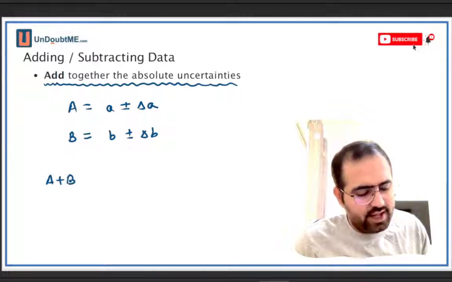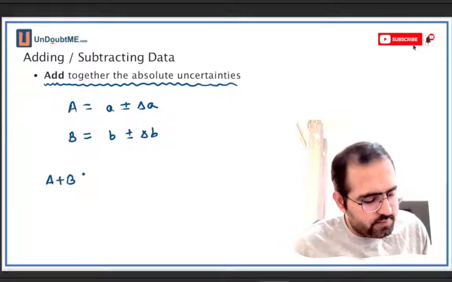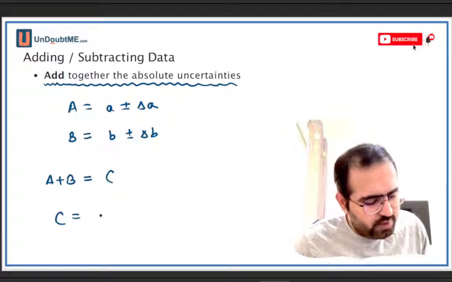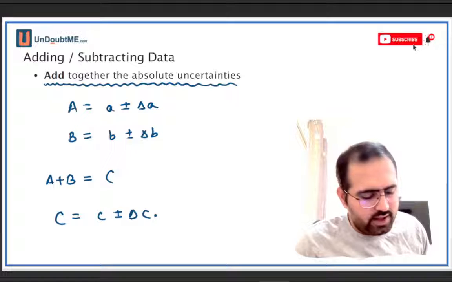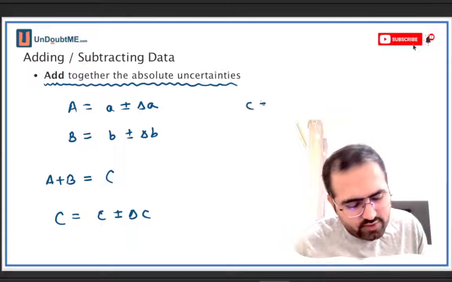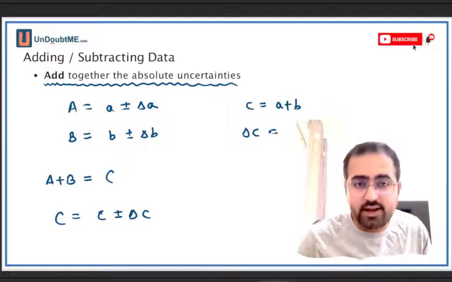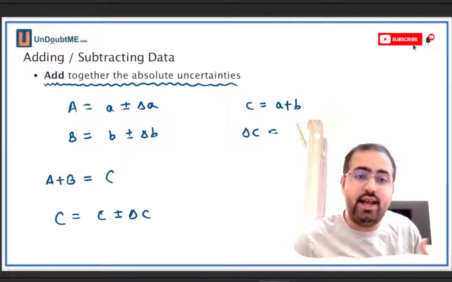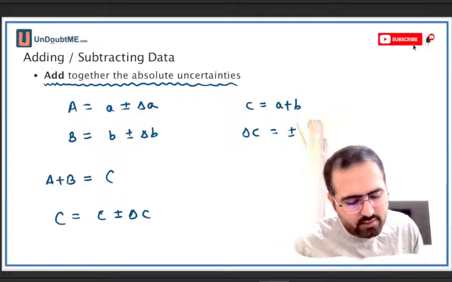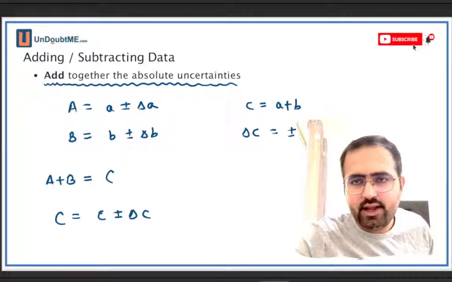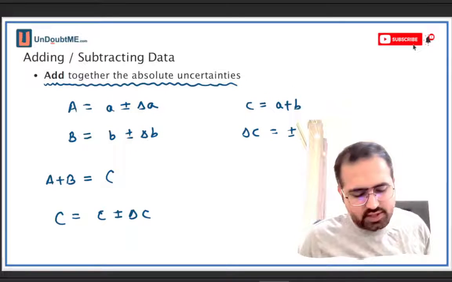Then the first thing is that A plus B will be equal to, let's say, another quantity C. So I have to basically work on C is equal to C plus minus delta C, where this C, the small c, will be equal to A plus B, and delta C, the absolute uncertainty in addition, will be equal to plus minus delta A plus delta B. So this is how we deal with uncertainty in addition and subtraction.